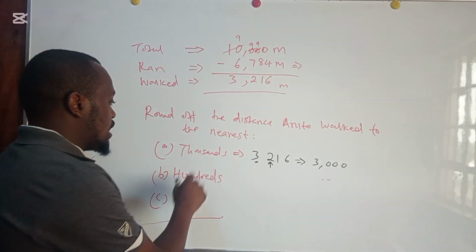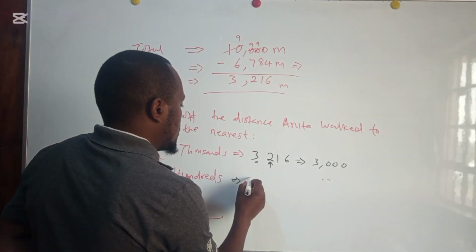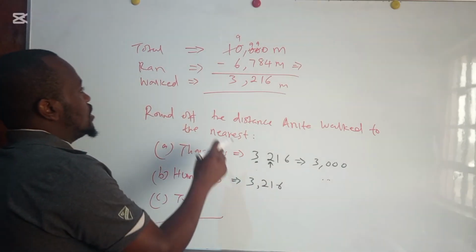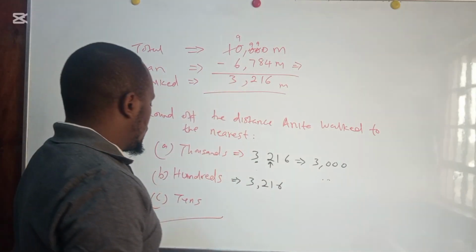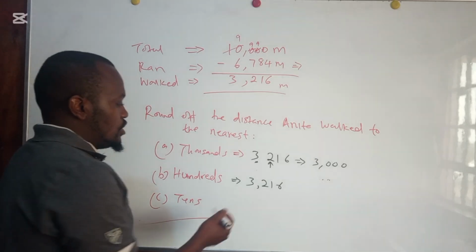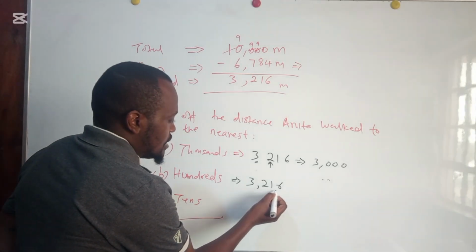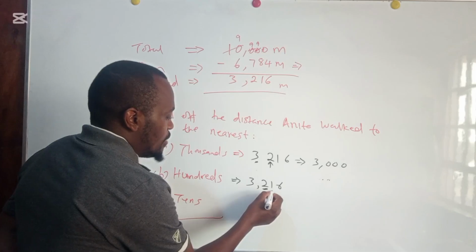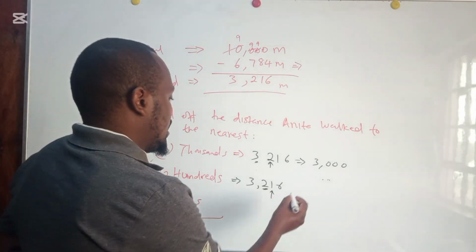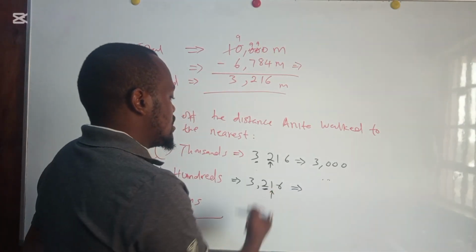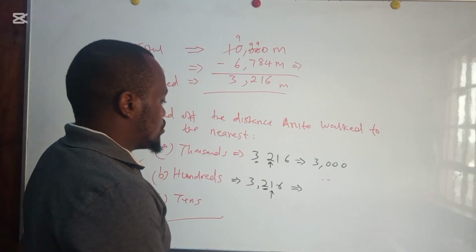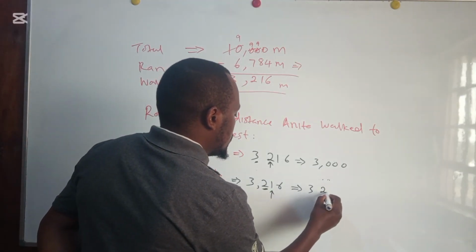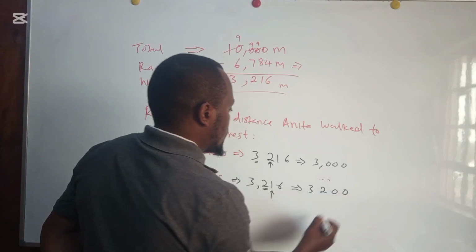We go to nearest hundreds. So this was the number, the distance Anita walked. To the nearest hundreds, you say this is ones, tens, hundreds. So you look at the number before hundreds. And this number is below 5. So therefore, you just add the zeros. 3,200.